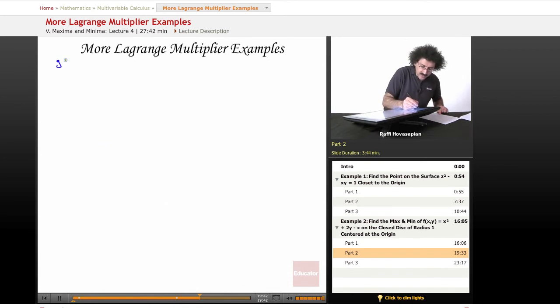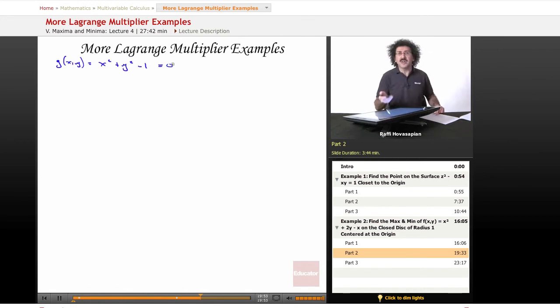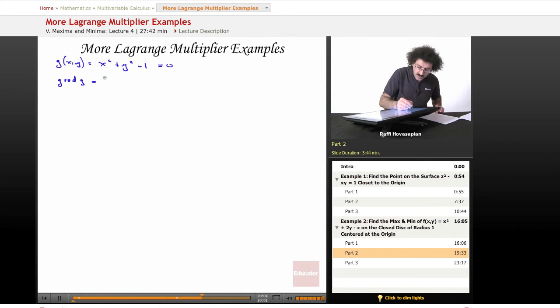So the boundary is g(x, y) equal to x squared plus y squared minus 1, and that's going to be one of the equations. We're going to need to set that to 0. So let's find the gradient of g. The gradient of g is going to be 2x and 2y.